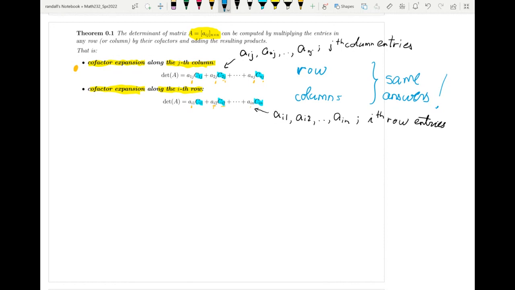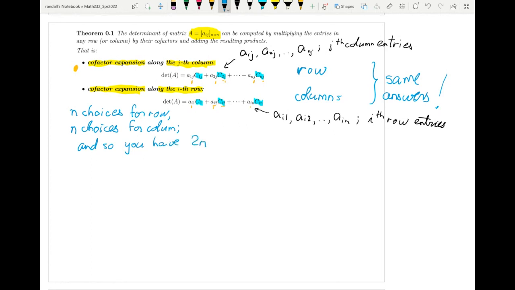Now notice also here you have n choices, because it's not telling you which one of the rows or columns to use: n choices for row, and n choices for column. And so how many options do you have?